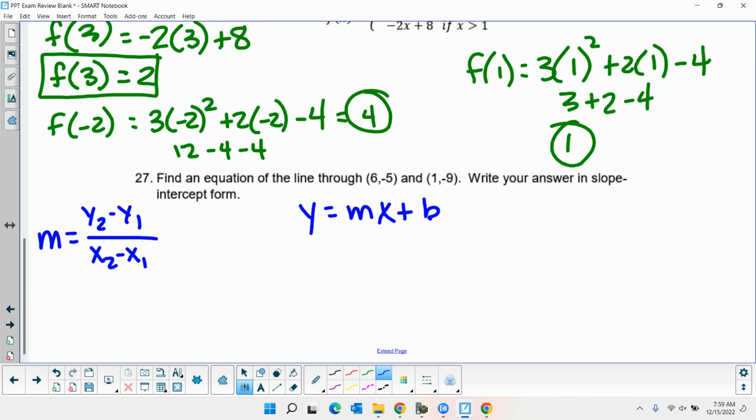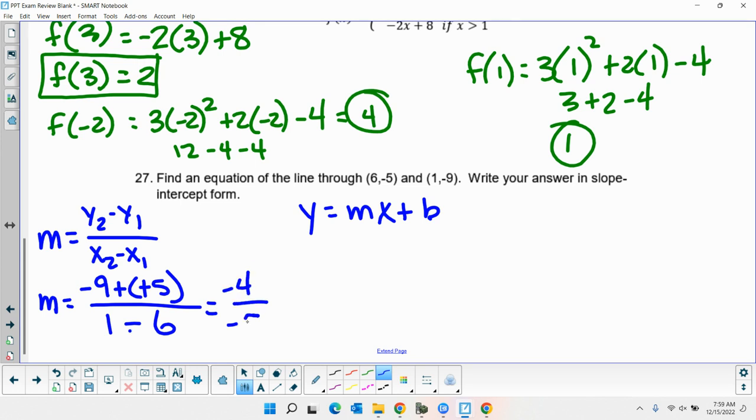So to find the slope of this line that goes through the 2 points, y2 is -9 minus y1, -5. x2 is 1 minus x1 is 6. So I got a minus a negative there. Remember, that becomes addition. So -9 plus 5 is a -4. And 1 minus 6 is -5. So 2 negatives make it a positive.